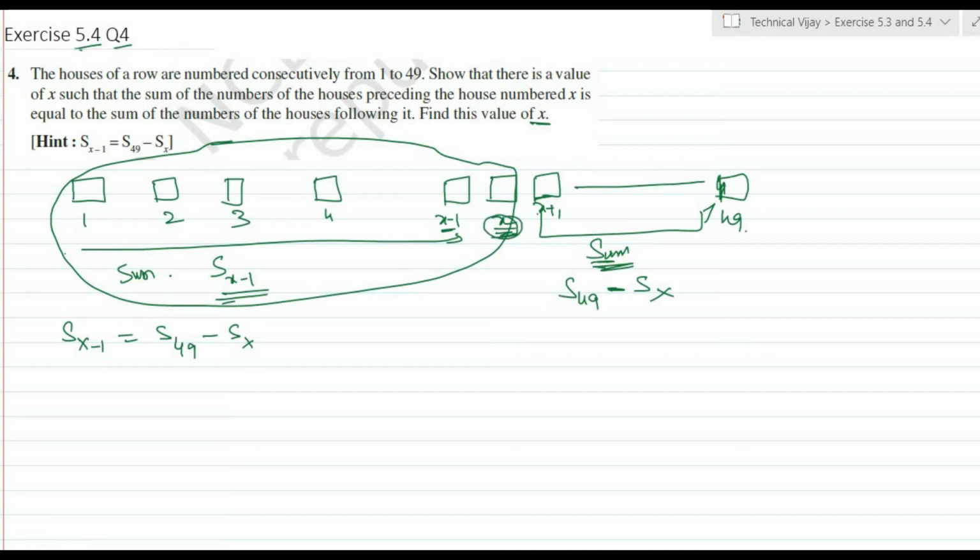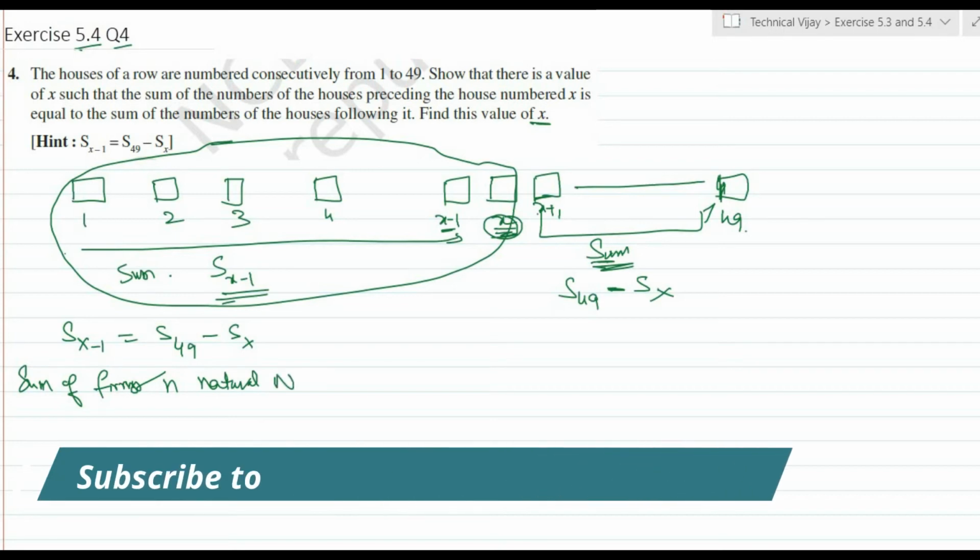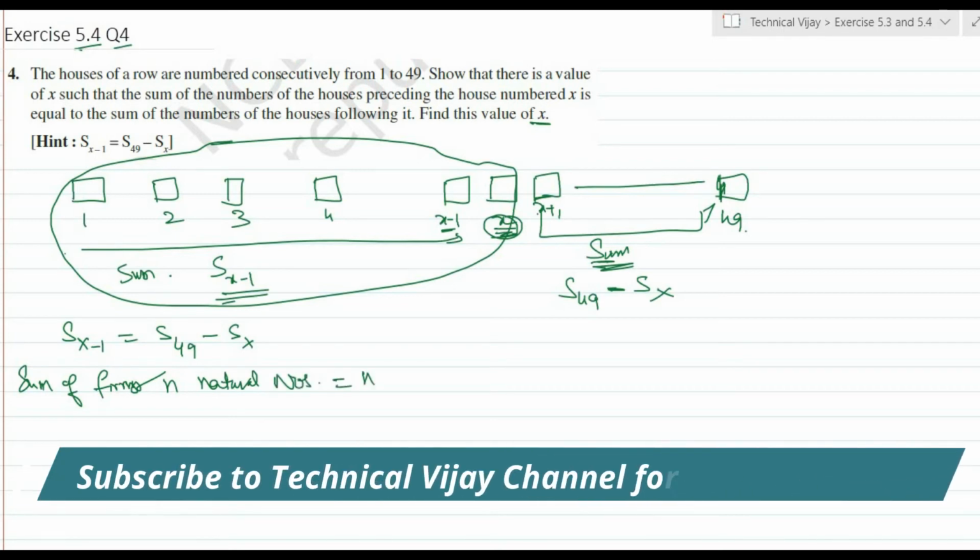We know that the sum of the first n natural numbers can be calculated as n into n plus 1 divided by 2. This is the basic formula, and this is not an AP. Here we have the first n natural numbers, 1 to 49, so we can apply this formula.